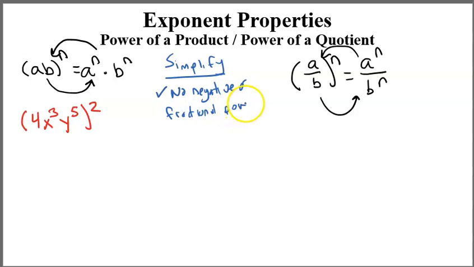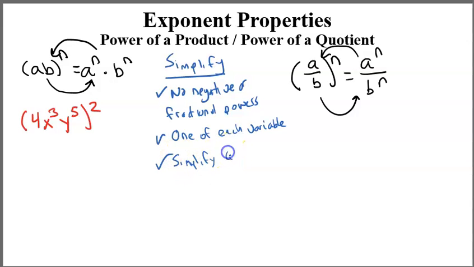We'll talk about fractional powers and negatives later. Next thing, one of each variable left over. And then the last thing is simplify constants. Again, a constant is something without a variable.